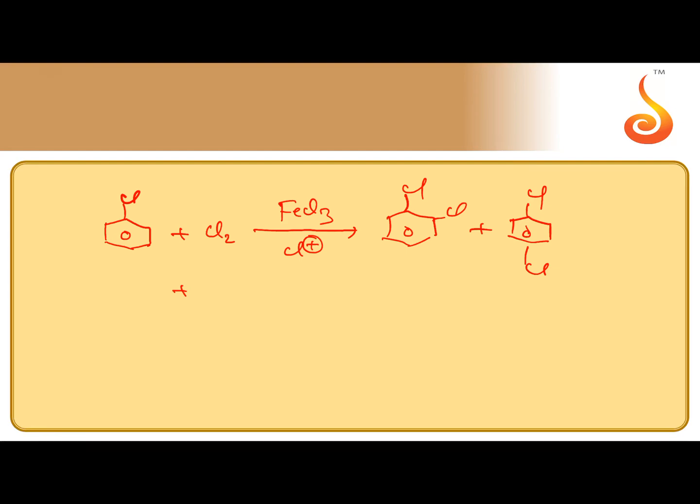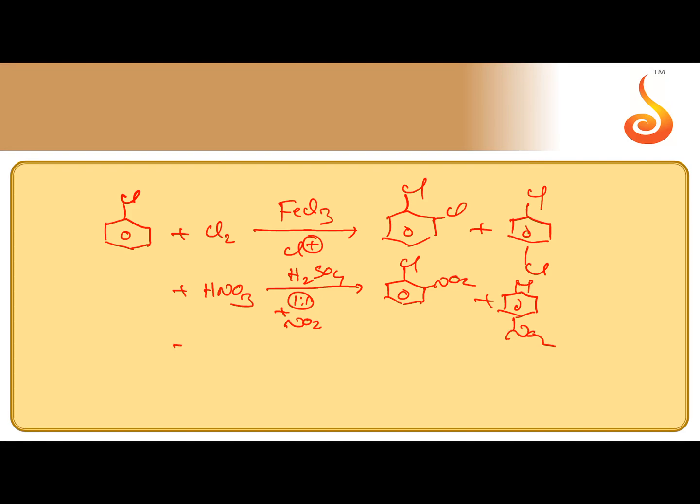If it is subjected to nitration with the nitration mixture, HNO3 and H2SO4, both concentrated in 1:1 ratio, NO2 plus is the attacking electrophile. We get ortho nitrochlorobenzene as well as para nitrochlorobenzene.